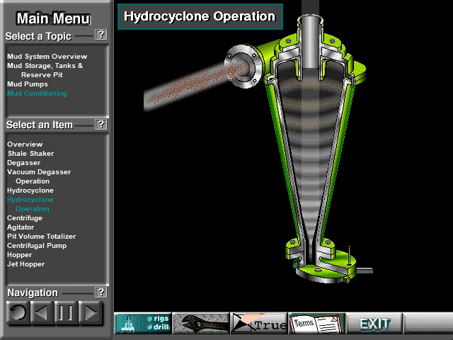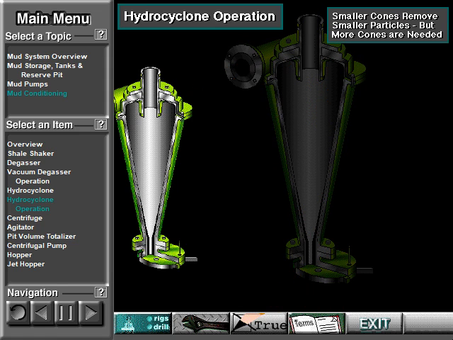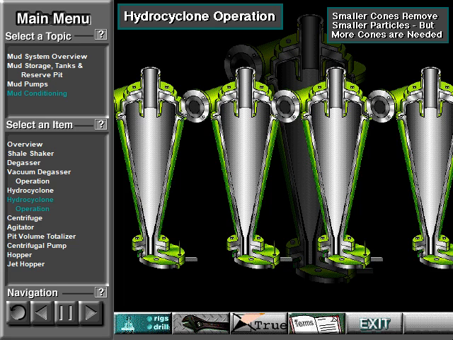It is an area of lower pressure, so the vortex sucks the liquid mud up through the center and out through the top of the cone. Meanwhile, the solids slide down the side and out the bottom of the cone. The smaller the cone, the smaller is the particle it can remove, but more cones are needed to handle a given volume of mud.